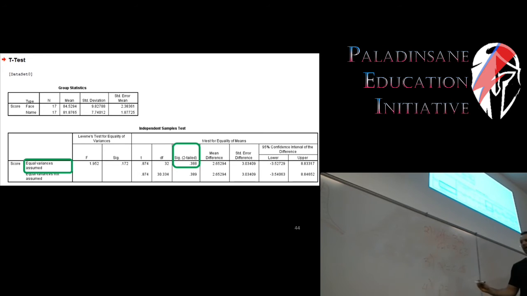So we need to take that 0.388 and divide it by 2, and that'll give us our final p-value of 0.194. SPSS gives you two tails, so you have to take those two tails and divide by 2, throw one tail away if you're doing a one-tailed test like we are right here.